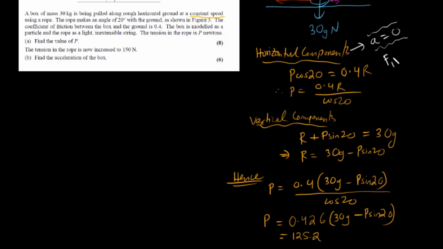If the forward force is F1 and the backward force is F2, all the forward force minus all the backward force equals mass times acceleration, and acceleration is 0. That means the forward force and the backward force will be equal. So F1 equals F2.